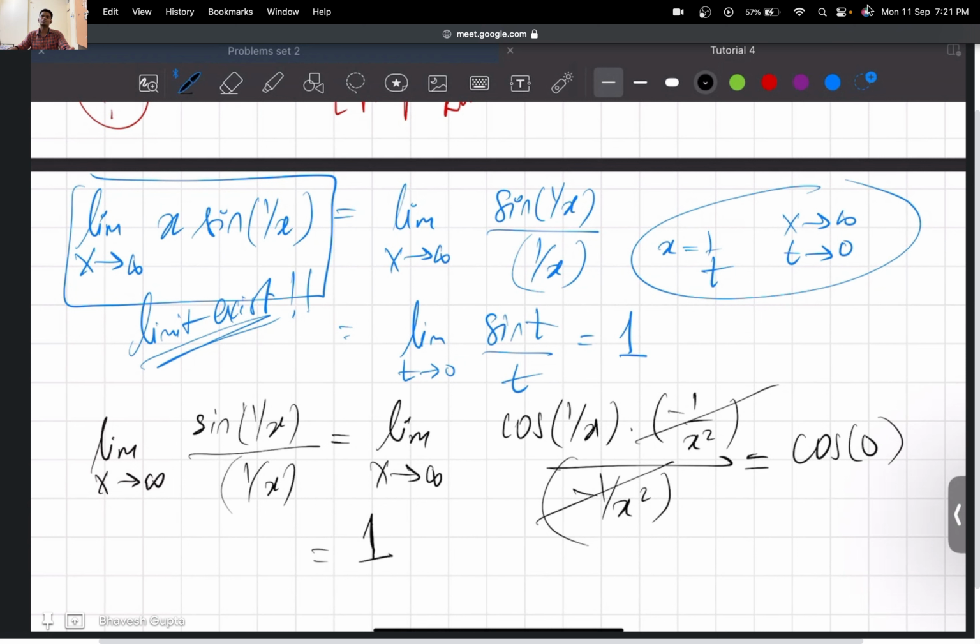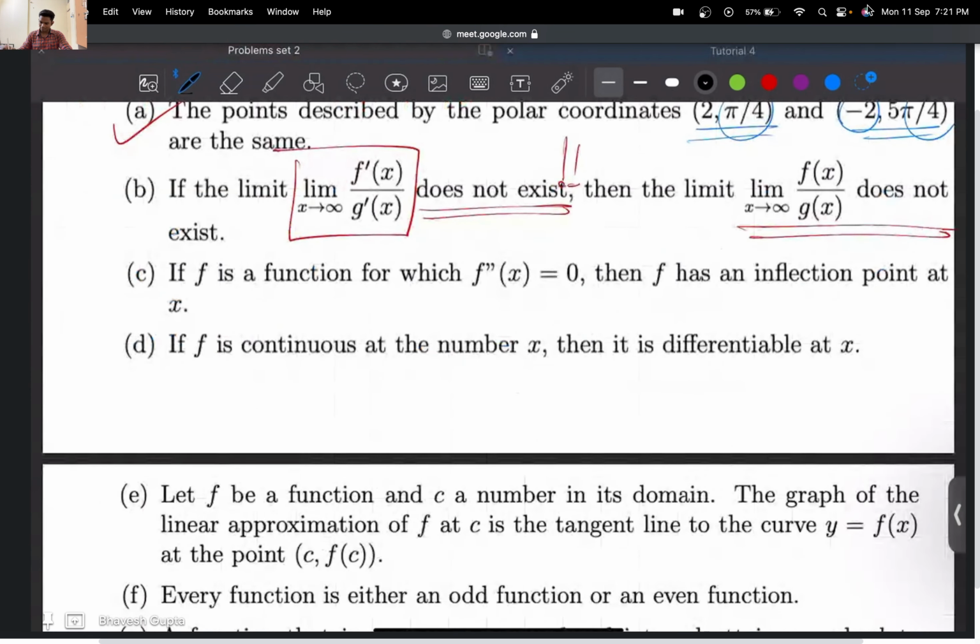And L'Hopital's rule should work because in the proof of L'Hopital's rule, we assume that this limit exists.